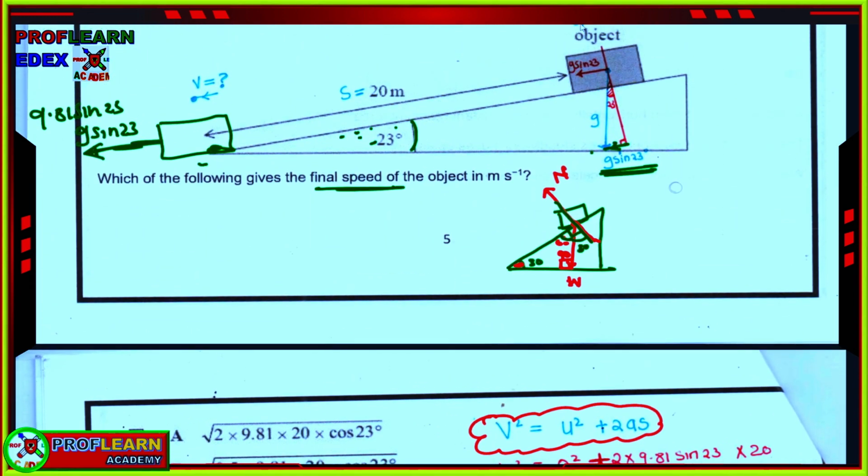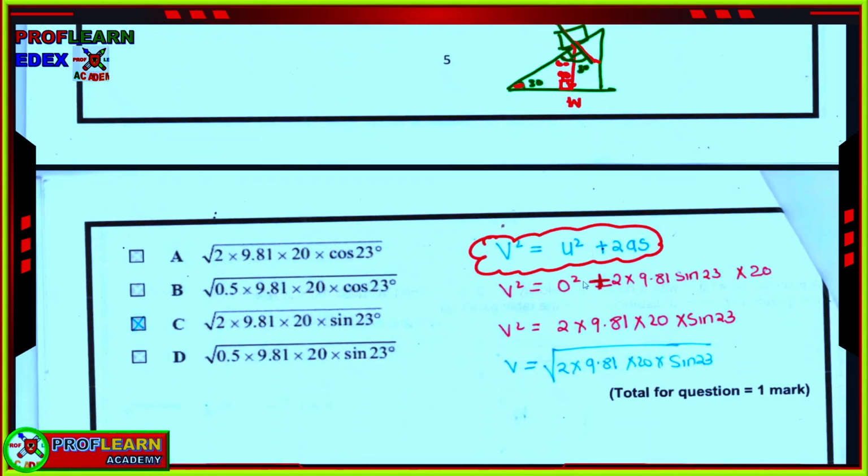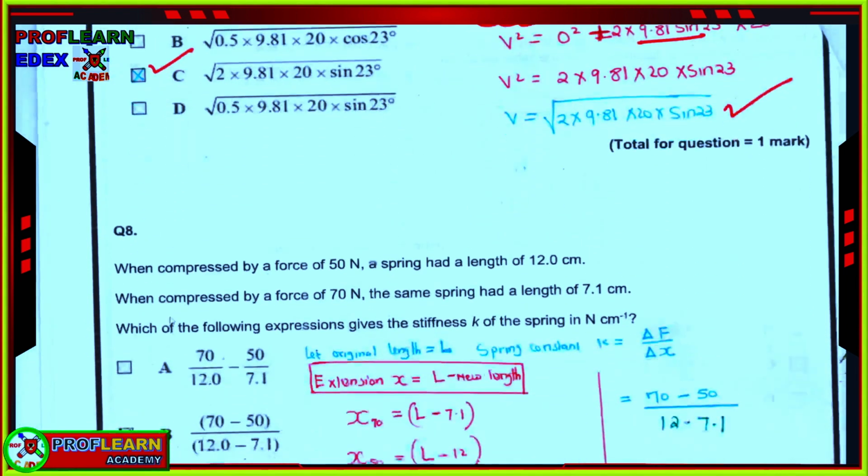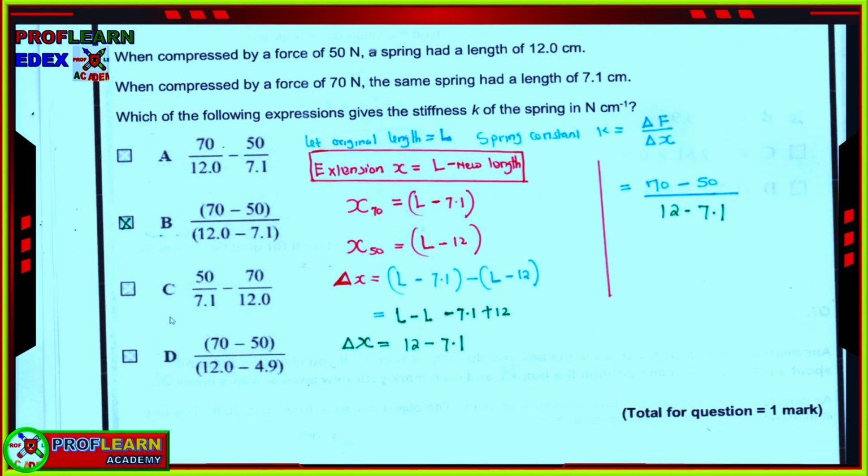So we can substitute our acceleration, 9.81 sine 23, times the displacement that it moved, in order to get it. And we shall get our option, and our option will be C. I believe we are together up to that point.